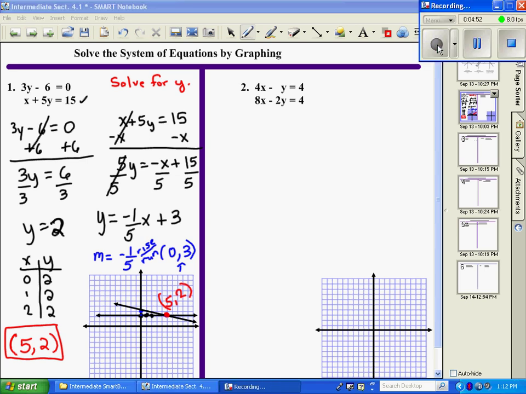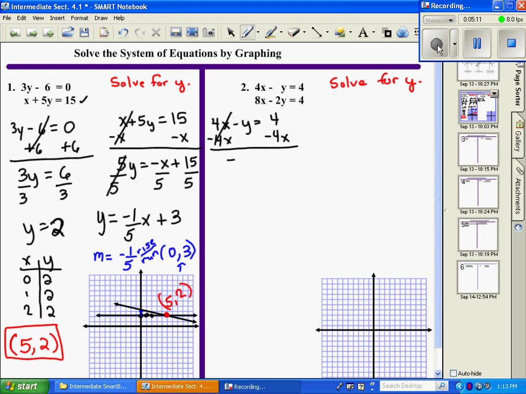Likewise, since this is still graphing, I'm going to ask you to solve for y. We're going to take the first equation, 4x minus y equals 4, and solve for y. Don't forget to bring down that negative.